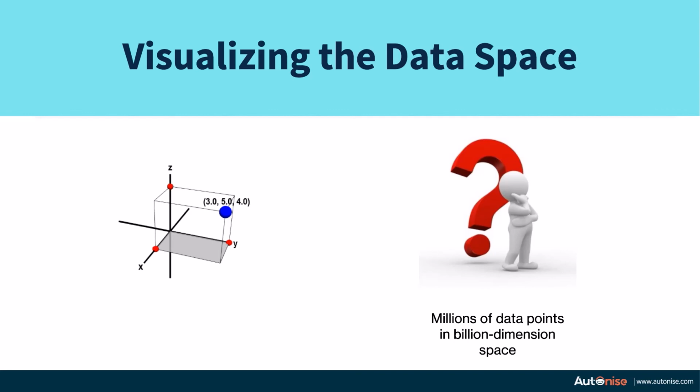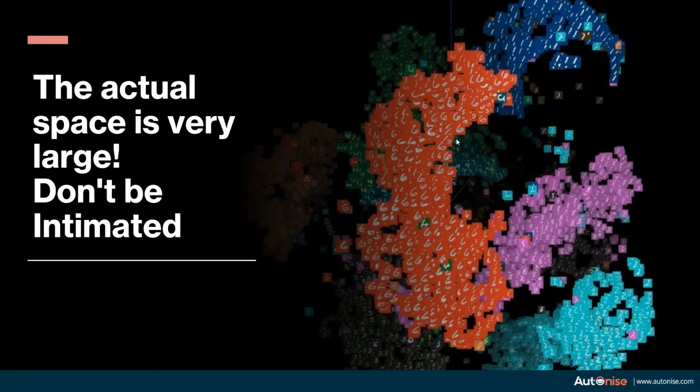So do not get intimidated if you see a lot of dimensions, like a billion dimension space. Nobody is able to visualize those dimensions. But with experience, people start drawing analogies from the 3 dimension space to the billion dimension space to better understand what exactly is happening. So the takeaway note is the actual space is very large.